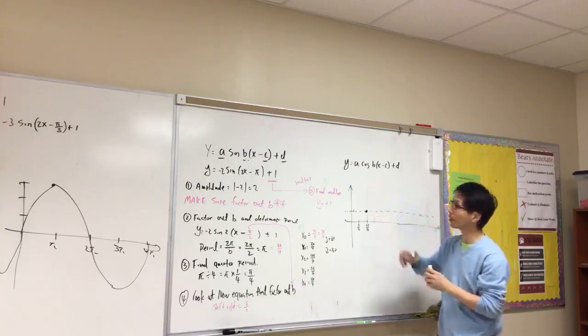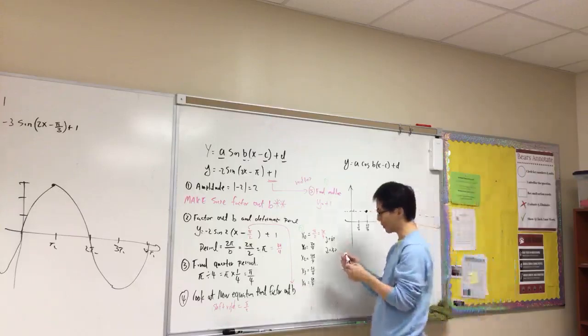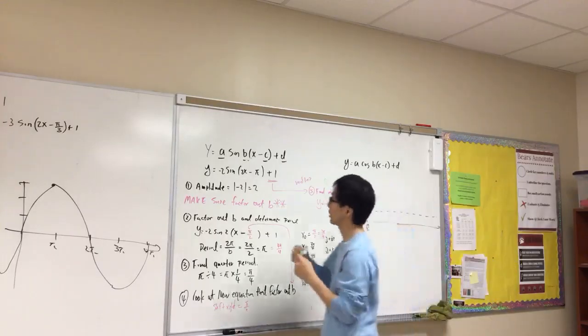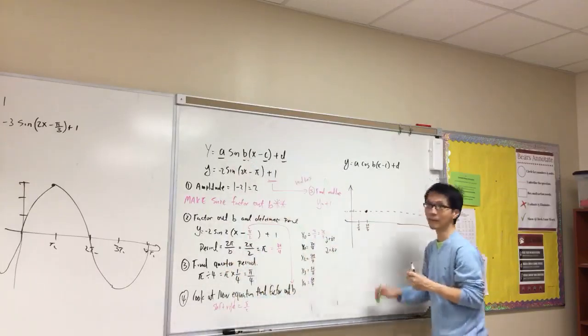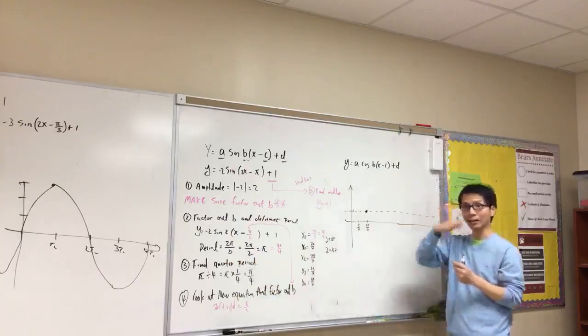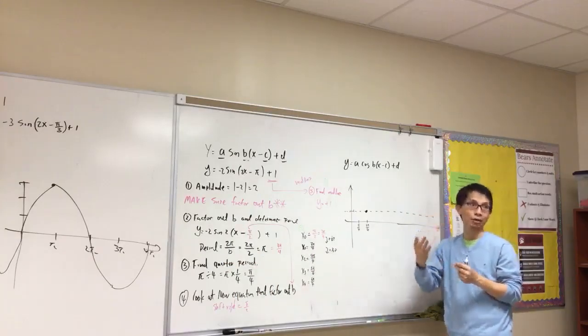But so here is the third step. When you graph, you look at that sine. Sine is decided to start at midline, and -2 decides it's going to go down. And how much down is it?